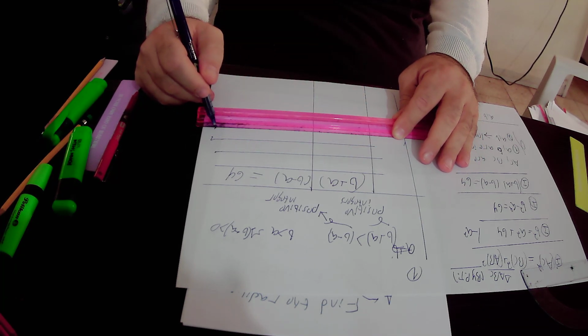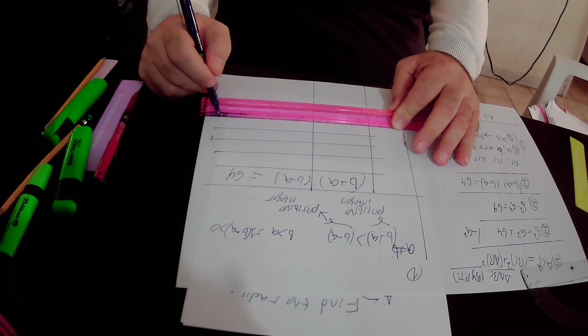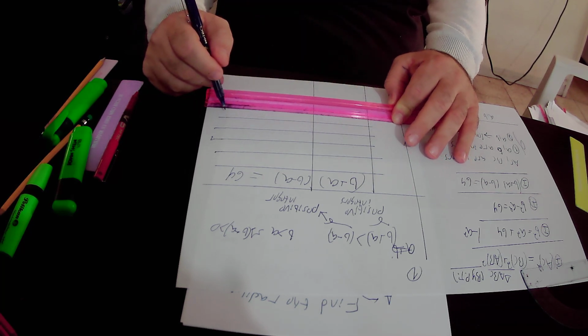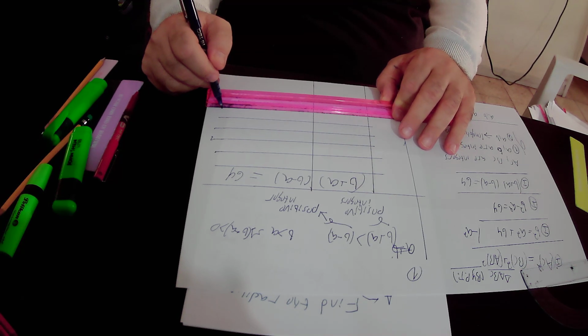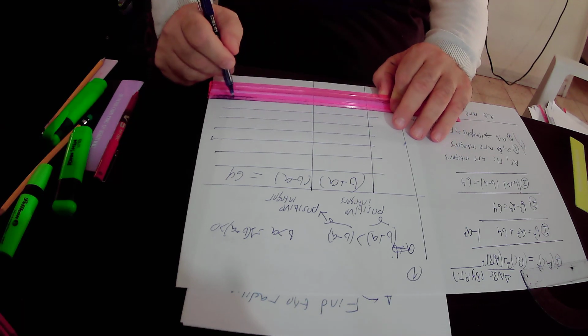Actually, the possibilities are not too many. We will write down all the possibilities that the multiplication of two positive integers will give us the result of 64.